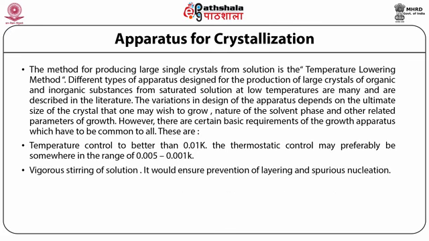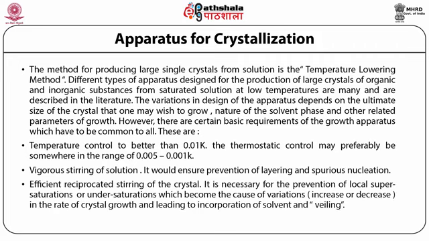It would ensure prevention of layering and spurious nucleation. Then efficient reciprocated stirring of the crystal. It is necessary for the prevention of local supersaturations or undersaturations which become the cause of variations, that is increase or decrease in the rate of crystal growth and leading to incorporation of solvent and wheeling.